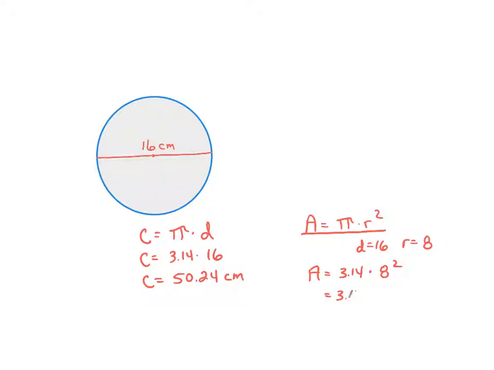So now I have 3.14 times 64. Once again, if you do that math, you will get 200.96, and I'm going to have to give my answer in square centimeters. So the area of the circle would be 200.96 square centimeters.